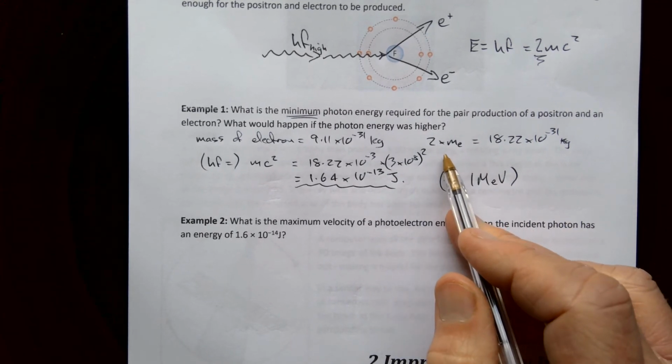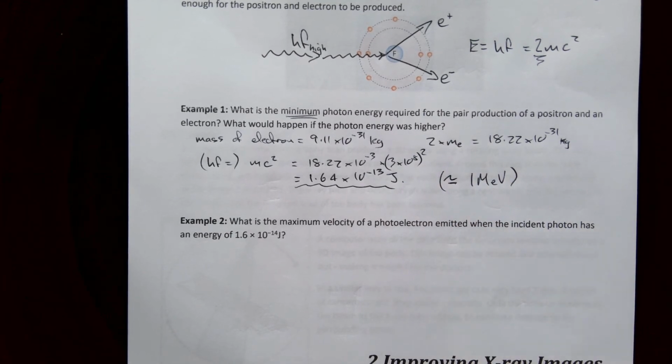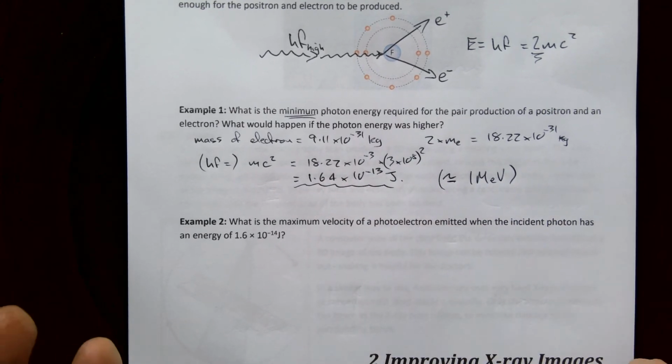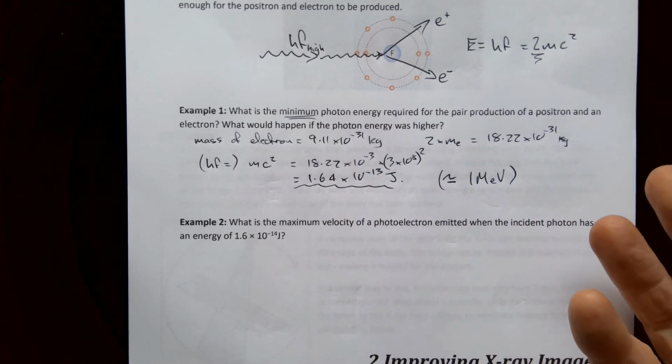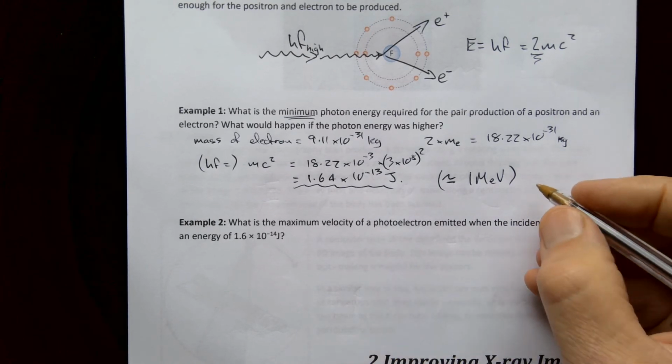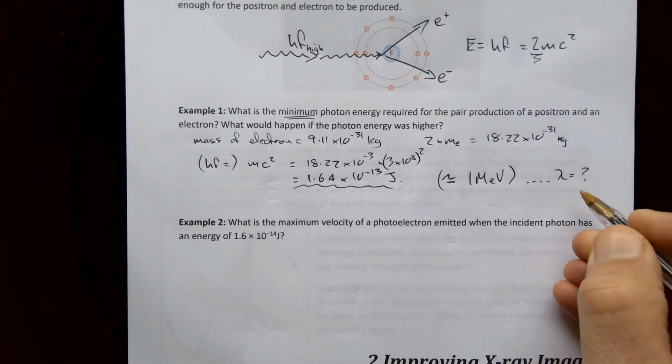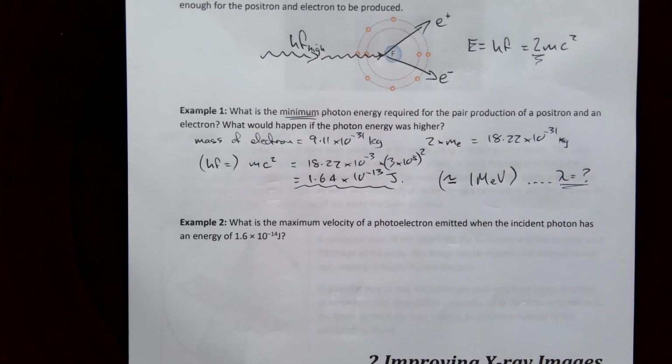So to make 2 electrons, you need about a mega electron volt. Obviously, from that you could do the next step and work out the frequency, if you needed to, or the wavelength, more common. That's the kind of questioning that goes on in these papers. Again, just the wave equation.